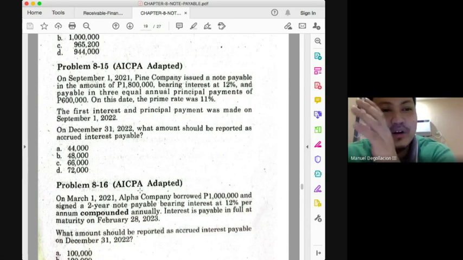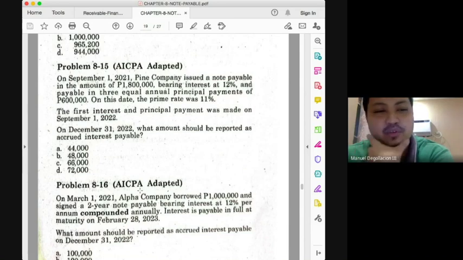But I am revising the question. What if it was on December 31, 2021? The amount of time that has lapsed from September 1, 2021 to December 31, 2021 would be September, October, November, December, 4 months only.